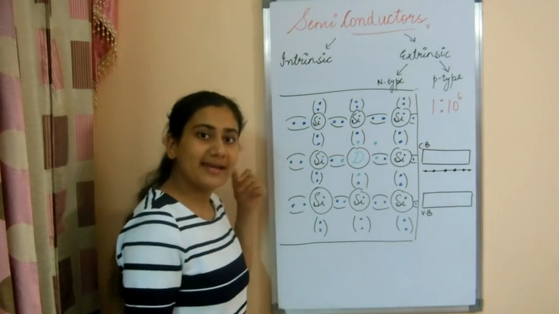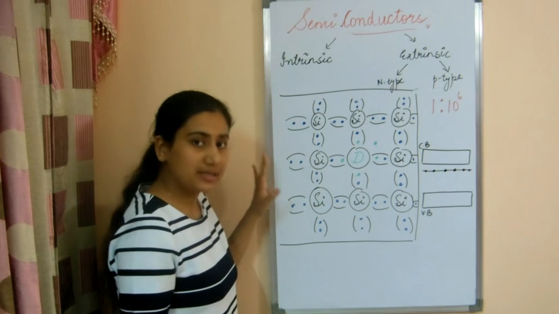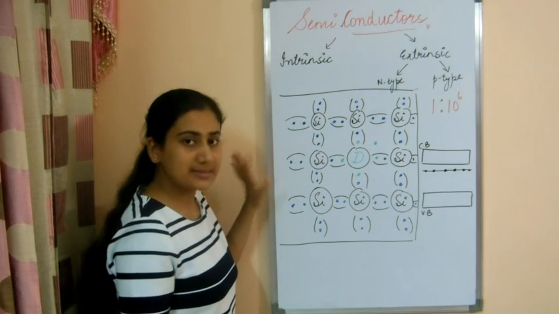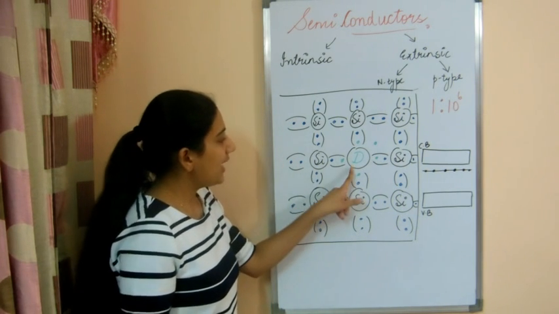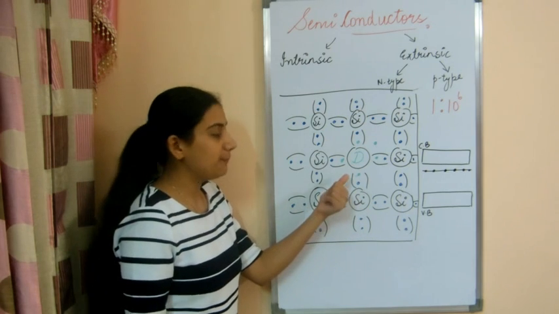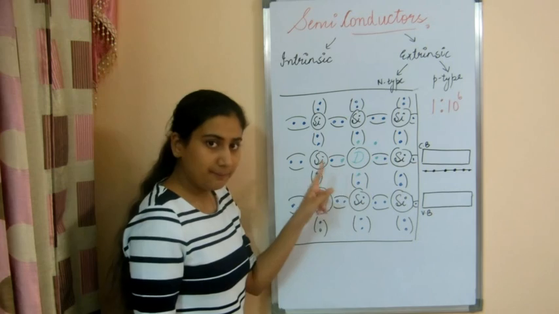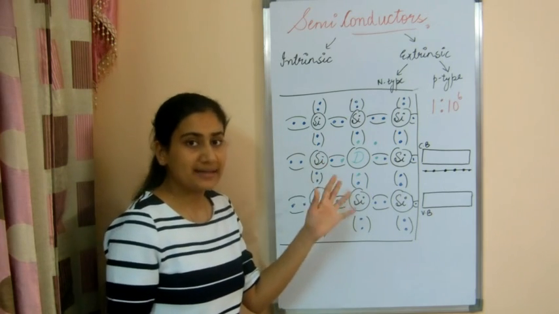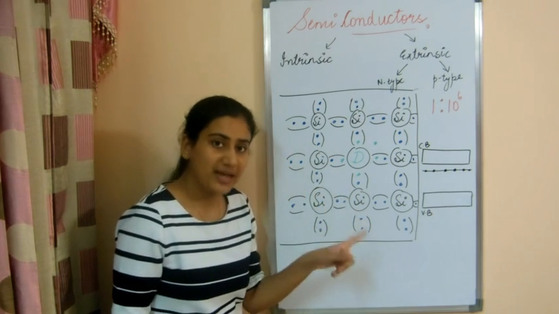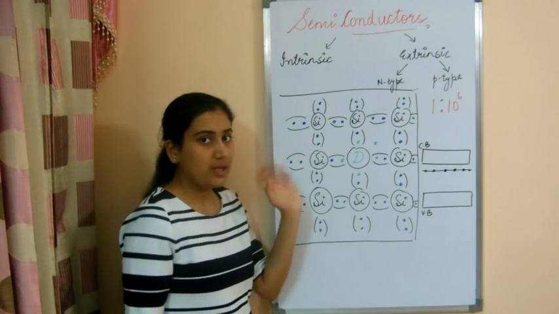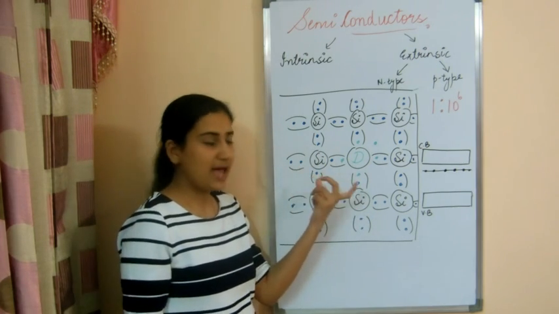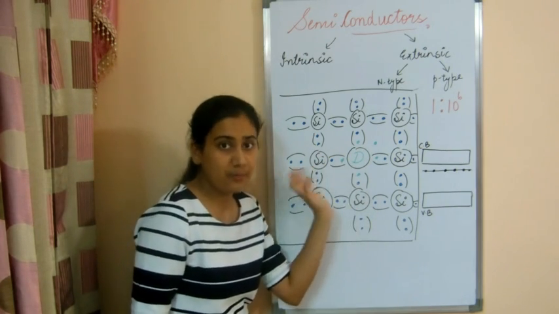This is 2D array diagram of a crystal of semiconductor silicon, but 1 atom is replaced with an impurity. This is pentavalent impurity. That means it has penta, that means 5 valence electrons in it. Now what happens? Electrons have to be in some bond.